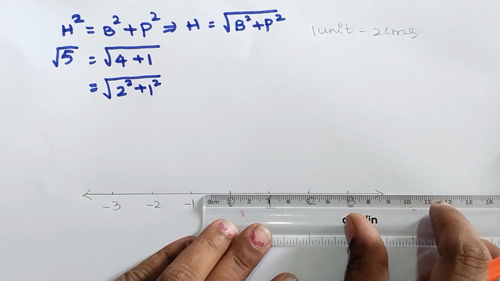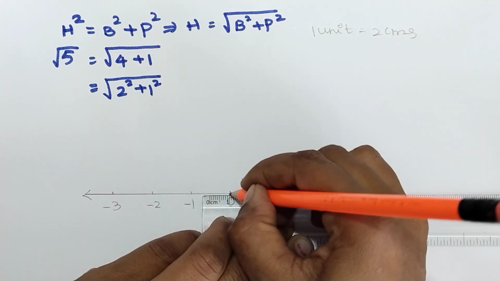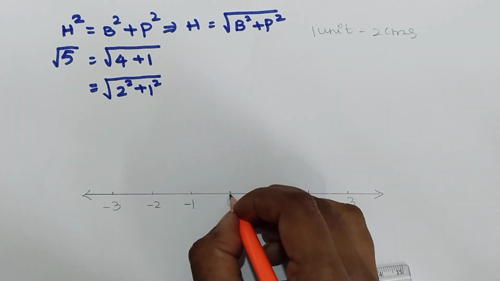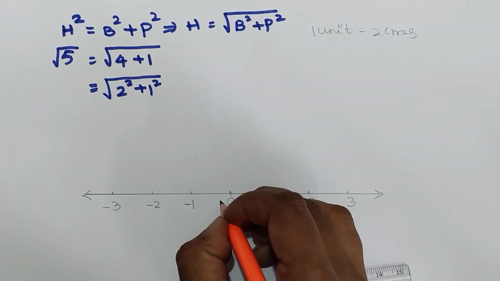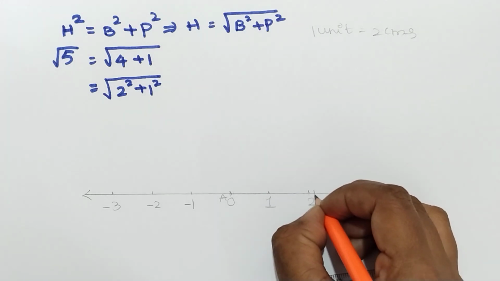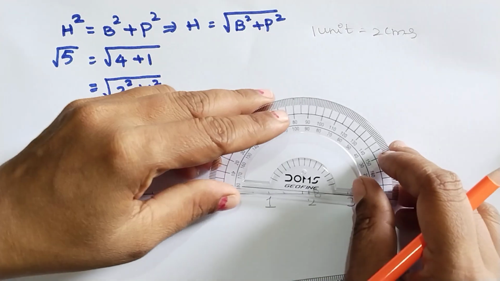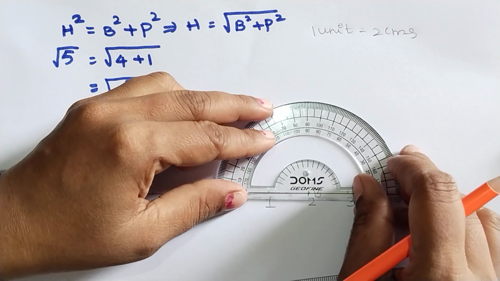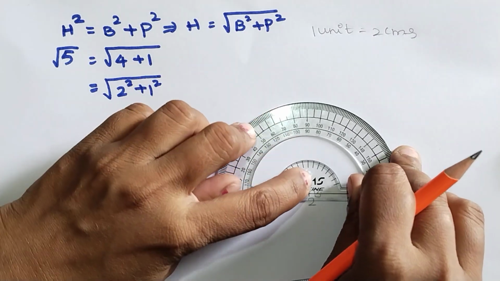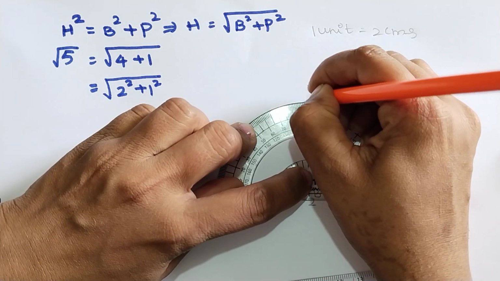Here we have to mention the units also. 0 to 2, darken this line. Here we can take this point as A. At point 2 we take B. From point B, draw a line which is perpendicular.